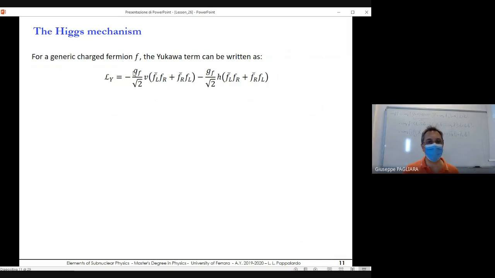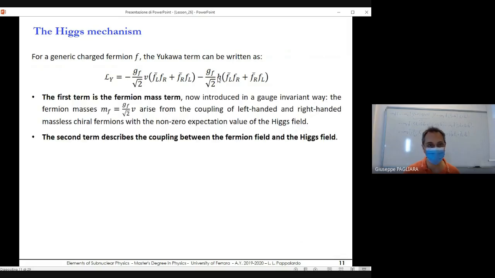So we have essentially the same term that I derived on the blackboard, times the vacuum expectation value of the Higgs, and a similar term, but now multiplied with the field, which is the Higgs field. So how can we interpret these two objects? The first term really is the fermion mass term.